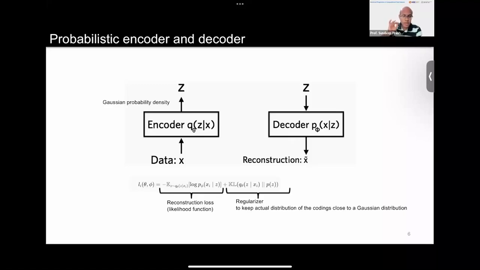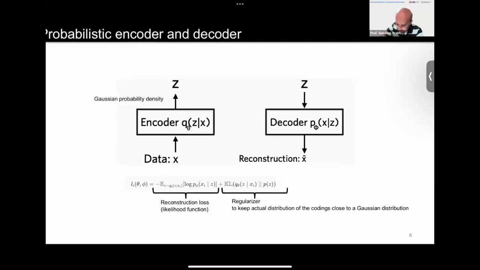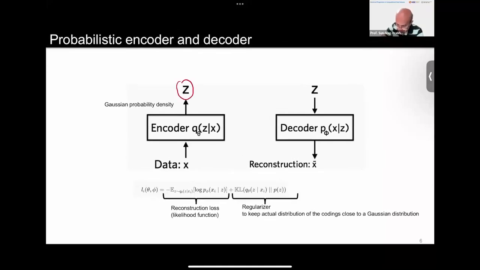Each data point is again passed through this encoder, but the output of the encoder we model as a Gaussian with some mean and variance, mu and sigma squared. Now the question is, what should be the choice of mu and sigma squared? And will this be Gaussian to begin with?